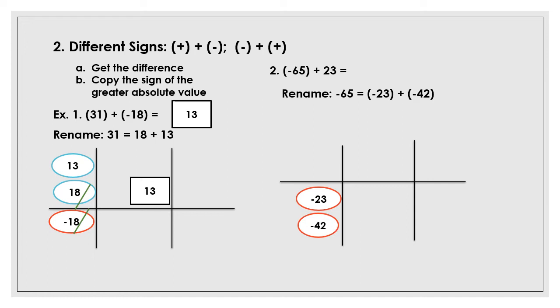Then positive 23 is at the upper portion. So we have this additive inverse, 23 plus negative 23 is 0. So what is left is negative 42, which is at the lower portion. So negative 65 plus 23 is negative 42.